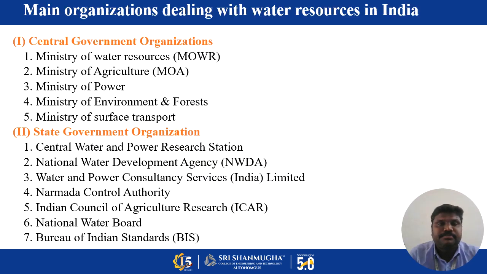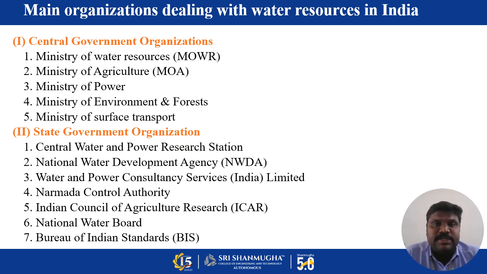There are main organizations dealing with water sources in India. Among central government organizations, we are focusing on the Ministry of Water Resources, Ministry of Agriculture, Ministry of Power, Ministry of Environment and Forest, and Ministry of Surface Transport.